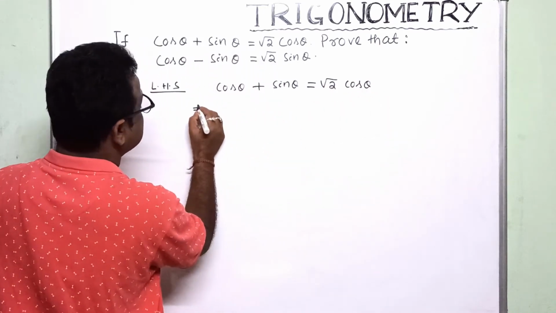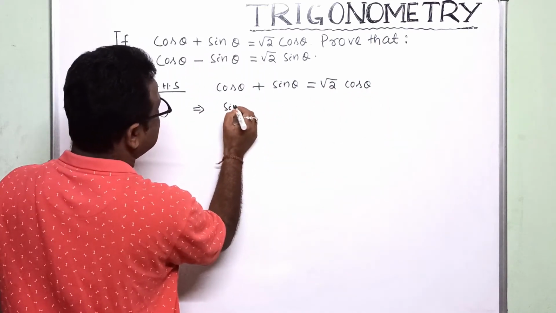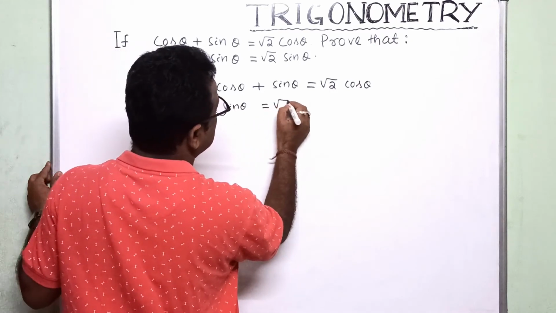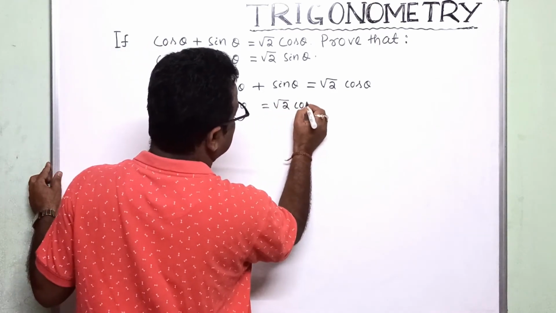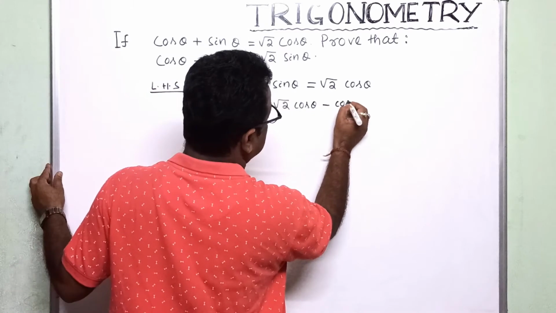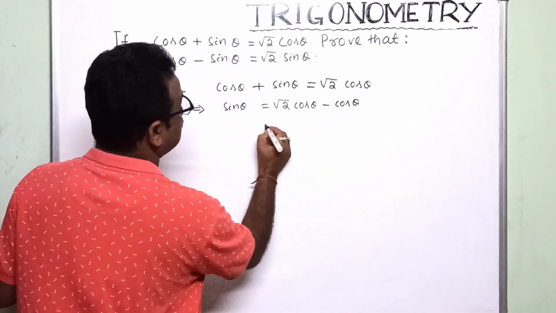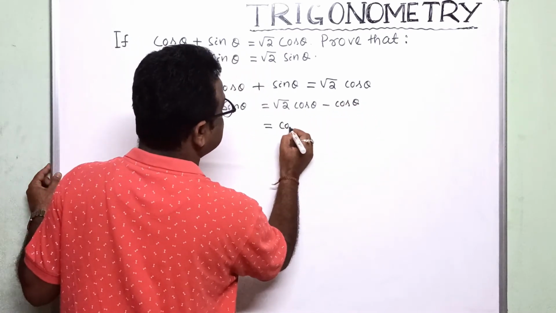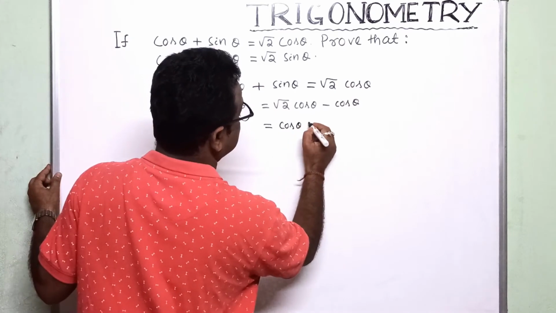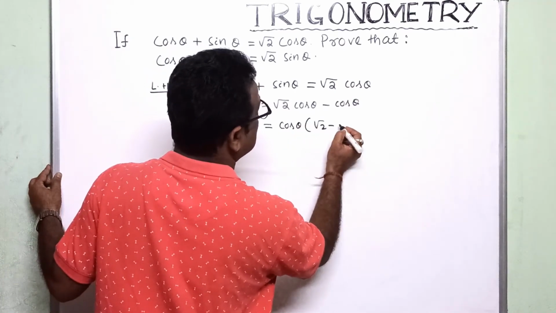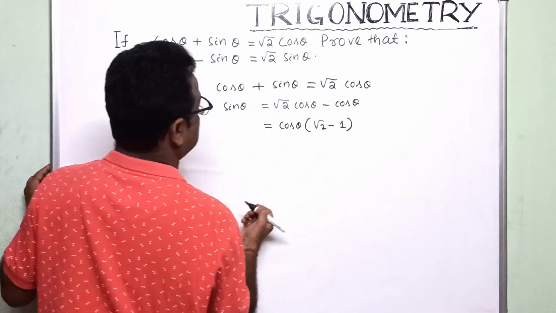So that implies sin theta is equal to root 2 cos theta minus cos theta. That is equal to cos theta common, root 2 minus 1.